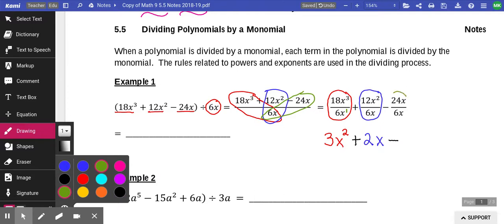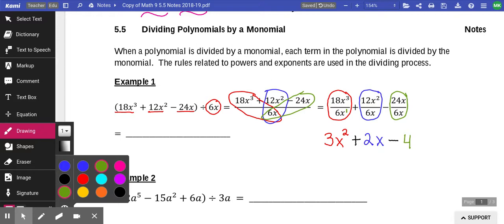And then I have 24x divided by 6x. 24 divided by 6 is 4. x to the power of 1 divided by x to the power of 1. 1 minus 1 is 0. That means you have x to the power of 0, which we don't write. You just don't write x's anymore.